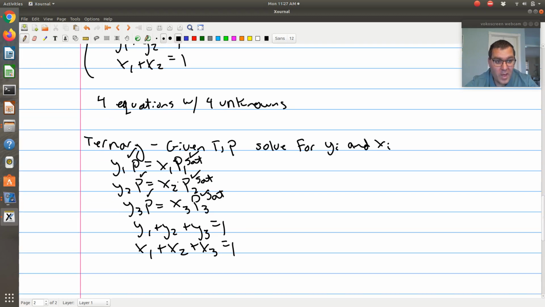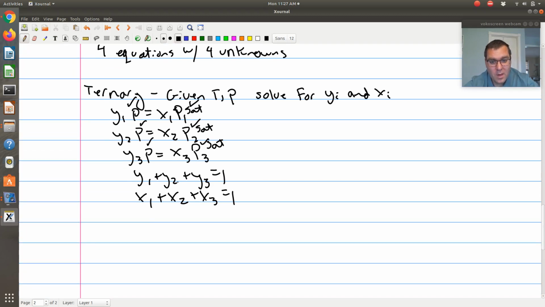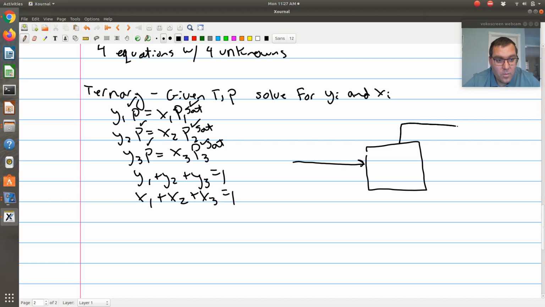What we haven't taken advantage of yet is that we can add our mole balances. If I picture a flash drum, we can't solve our isofugacity expressions independent from our mole balances. The flash drum operates at a given temperature and pressure, with vapor and liquid streams leaving at saturation.